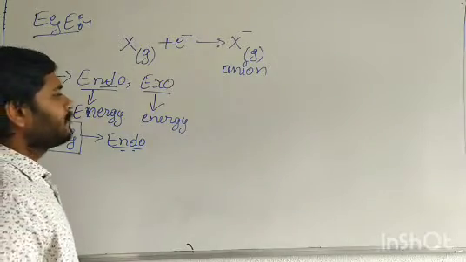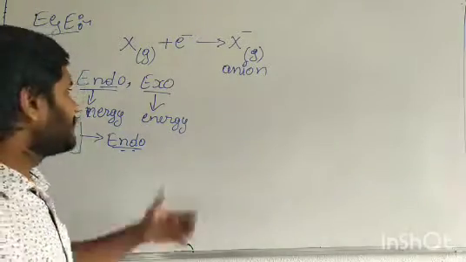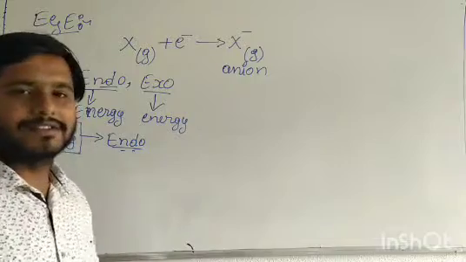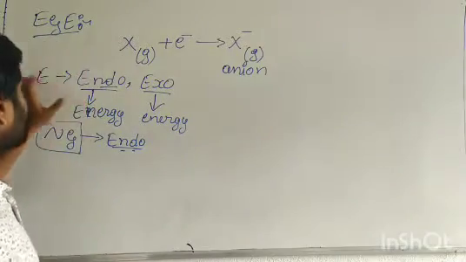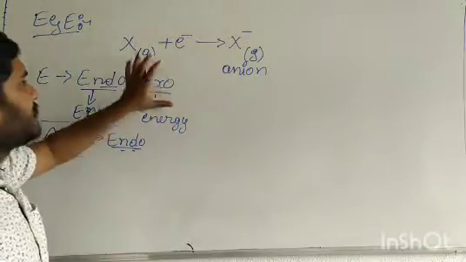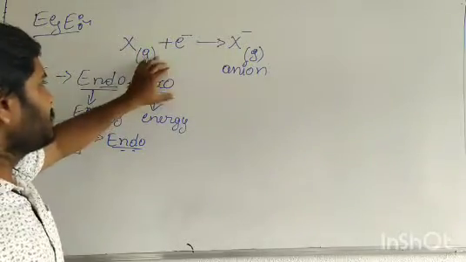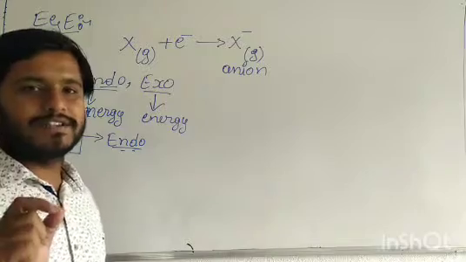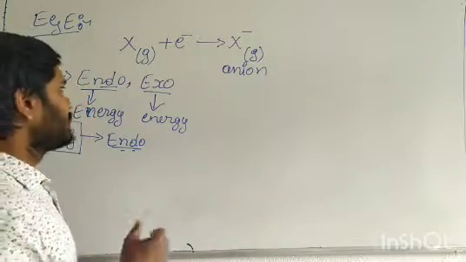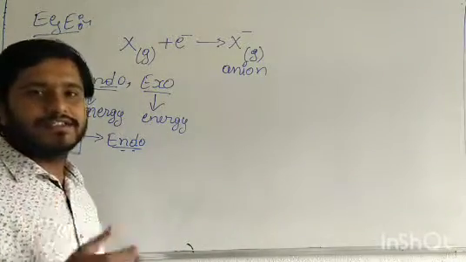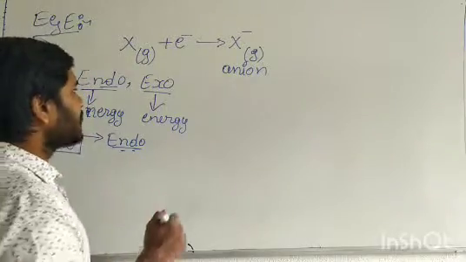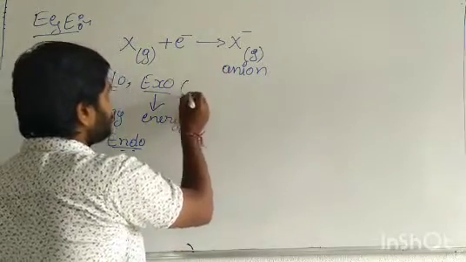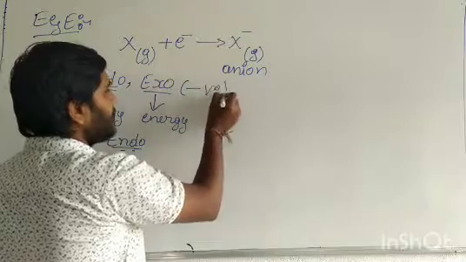How would you assign the signs for exothermic and endothermic reactions? I told you that most of the periodic table elements will liberate energy when you add an extra electron. If liberation of energy is taking place in the process, then we designate that with a negative sign.